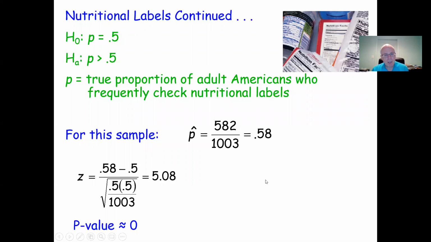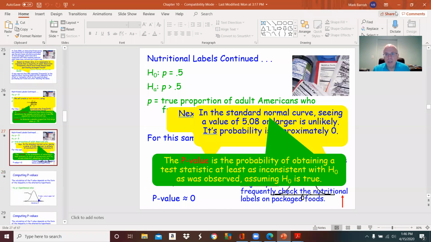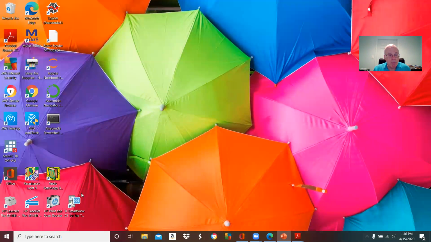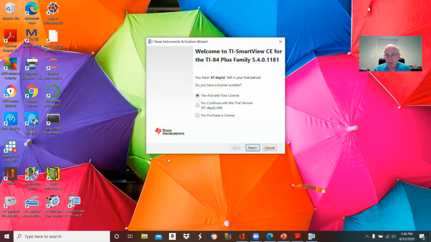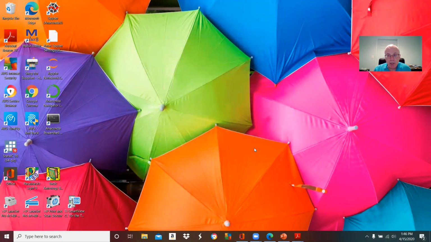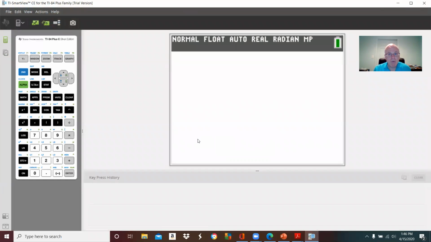So 5.08, and what we're going to do now is I'm going to just exit the screen here and open up my TI-84 calculator. And what we're going to do is put that 5.08 into the calculator. The probability that z is greater than 5.08.